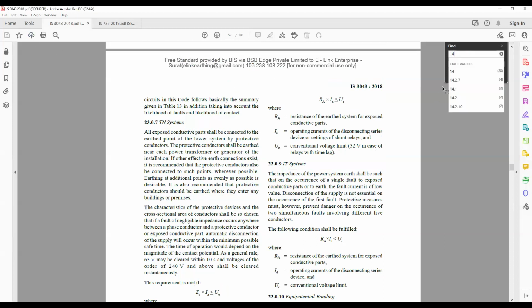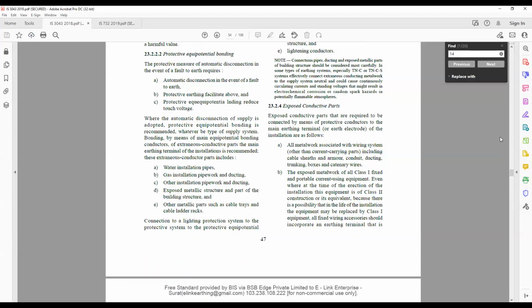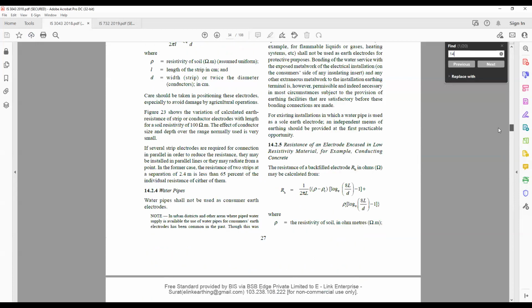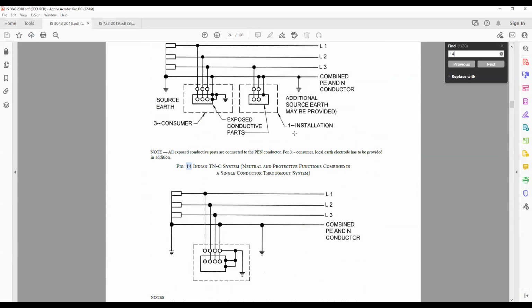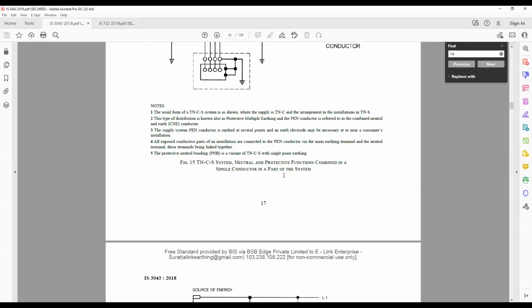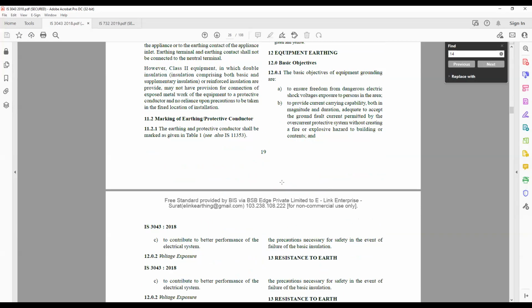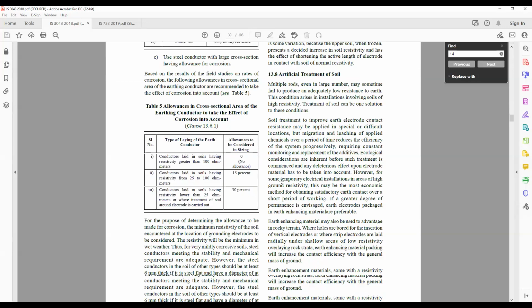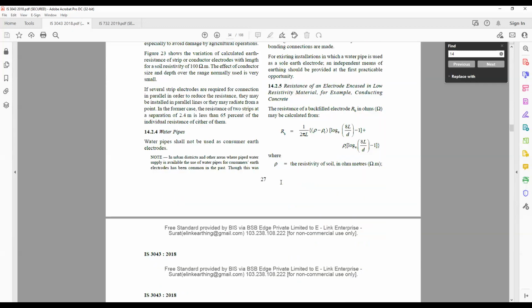It was the previous page. No, below. Again, a few more pages below.